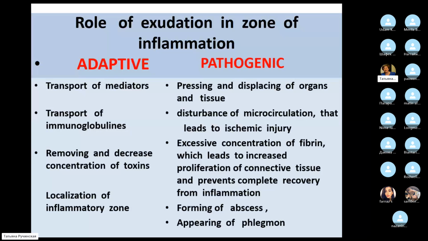To suppress, to remove from their own position the organs belonging to the gastrointestinal tract, the same as liver, intestine, the spleen, and so on. Further, it can lead to abscesses, and this may lead to negative complications of exudate.